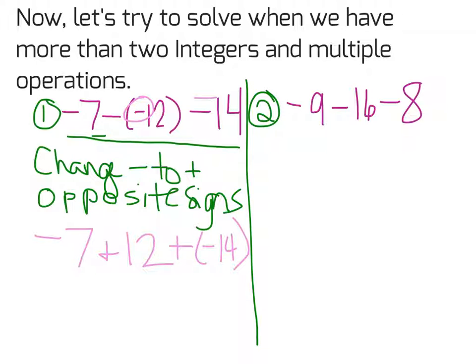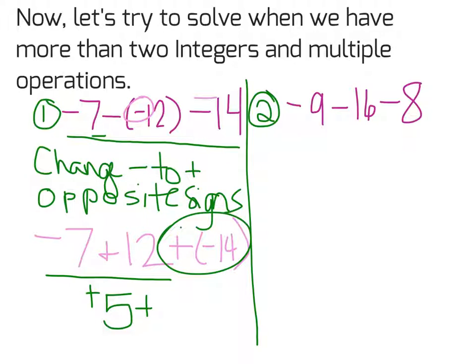Okay, so now I would do -7 plus 12. 12 is bigger, so we're going to do 12 minus 7. So 12, 11, 10, 9, 8, 7, 6, 5, and keep the sign of the bigger number, which is positive. And then we're going to carry this with us since we didn't do anything with it.